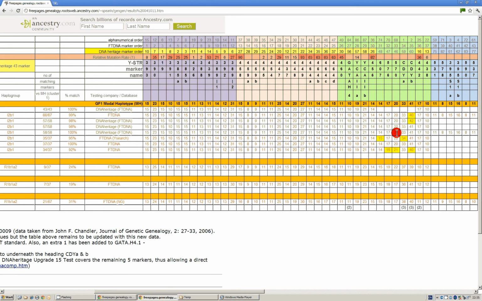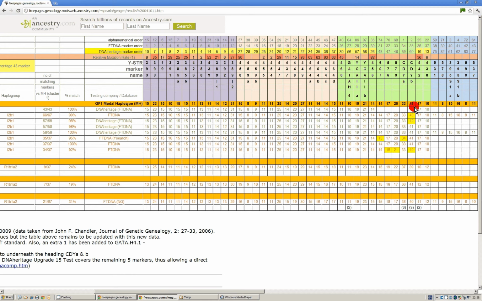Similarly, with marker number 570, there are 6 members who have a value of 20, 1 member has a value of 21, therefore the most frequently occurring value for this particular marker is 20, and that's the value that's recorded in the modal haplotype. If we look at CDYA and CDYB, the CDYB is the interesting one.